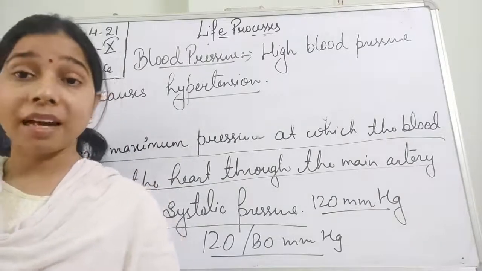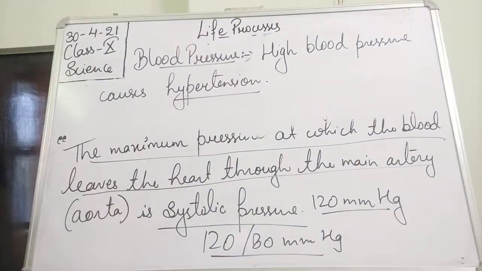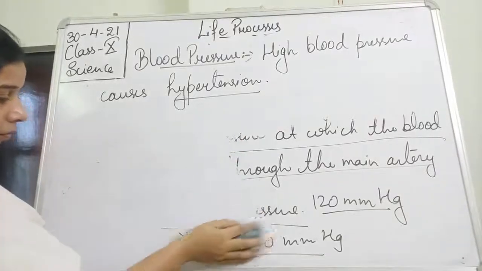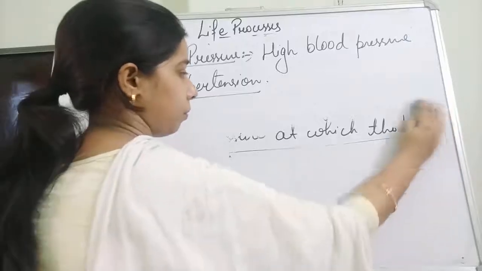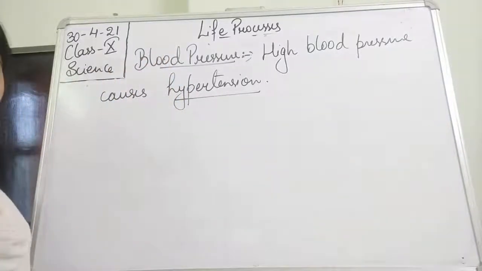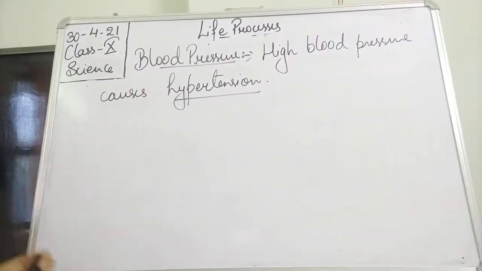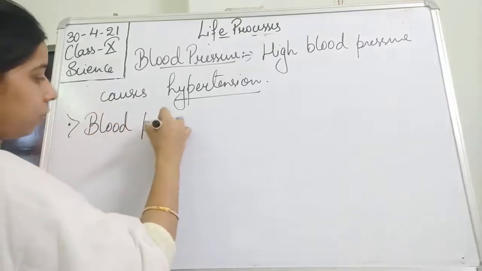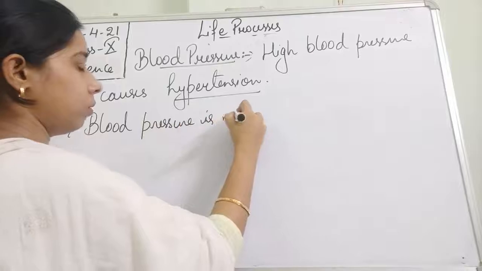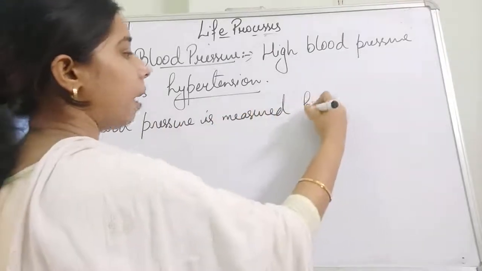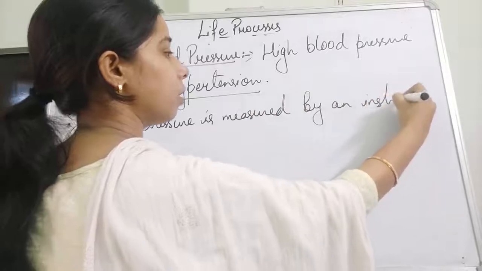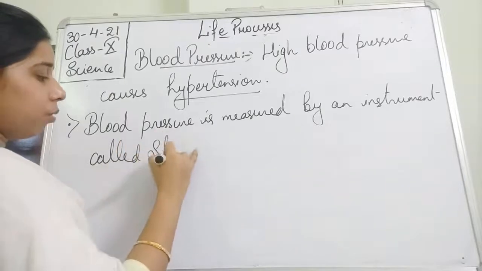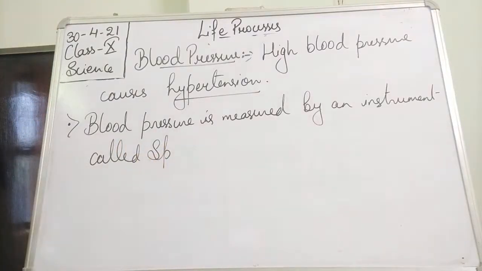For that, there is a device which we call a sphygmomanometer. Let me write it: blood pressure is measured by an instrument called a sphygmomanometer.